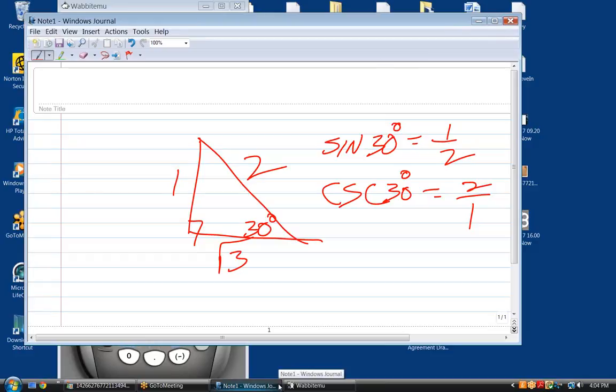Now, what you really need to know is your reciprocal relationships. So this is 60. How would I get the secant of 60 degrees in my calculator? First of all, what's the reciprocal of secant?